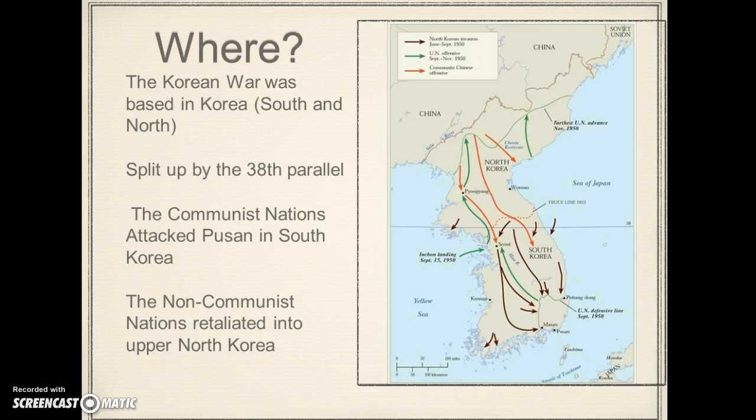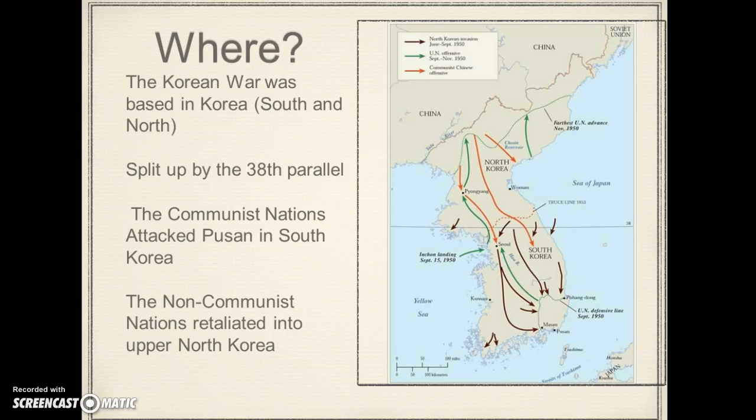Where did this happen? The Korean War was based in Korea, South and North Korea, split up by the 38th parallel, which is that gray little line separating North and South Korea on the map there.